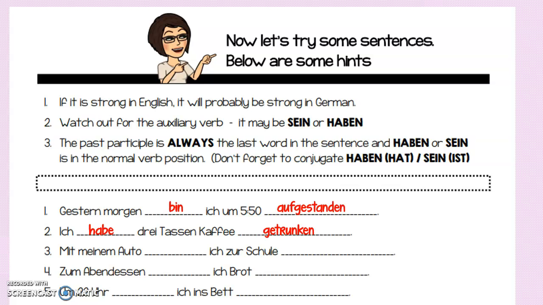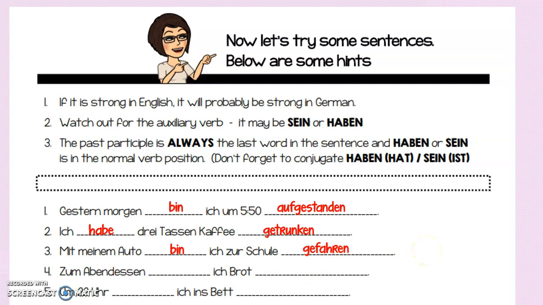Mit meinem Auto blank ich zur Schule blank. I drove my car to school. The verb for to drive is fahren. The past participle is ist gefahren. So I take the ist and conjugate it for ich, and I get bin, and then I put my past participle at the end.